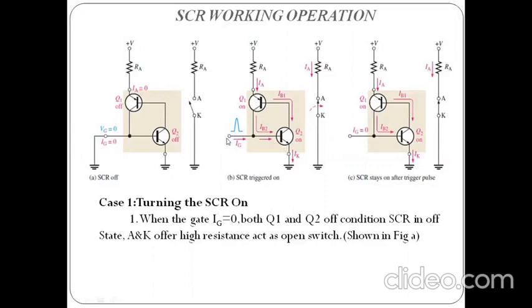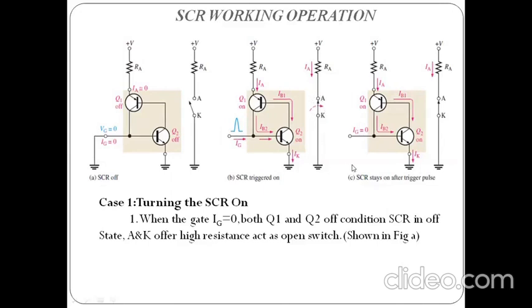That is, when the pulse is applied to the gate terminal, transistor Q2 goes on because it gets the base current, and at the same time Q2 provides a path for the IB1 current to flow from the base of transistor Q1 to the collector of Q2, which in turn makes transistor Q1 go on. Since both transistors are in the on condition, the SCR goes to the on condition. So the resistance between the anode and cathode is very low, and they act as a closed switch.